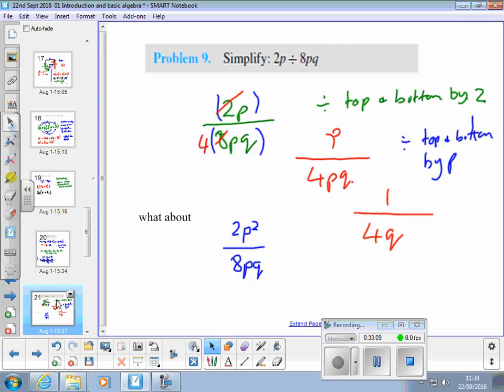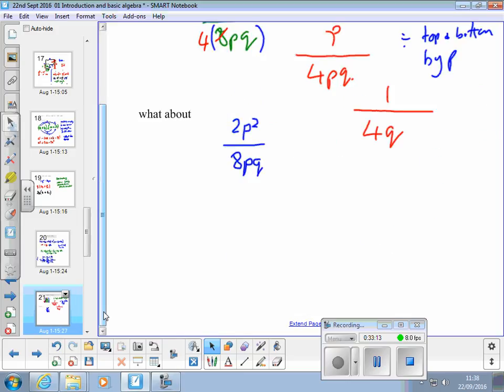Right? What about 2p squared over 8pq? We can do the same thing with the numbers, can't we?